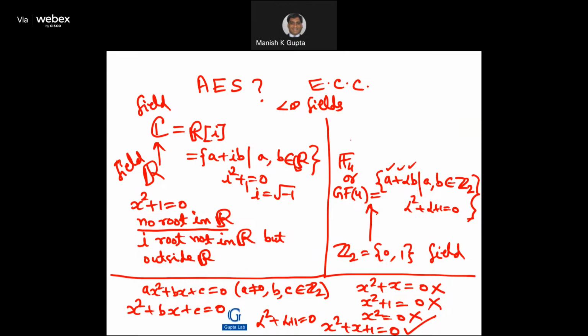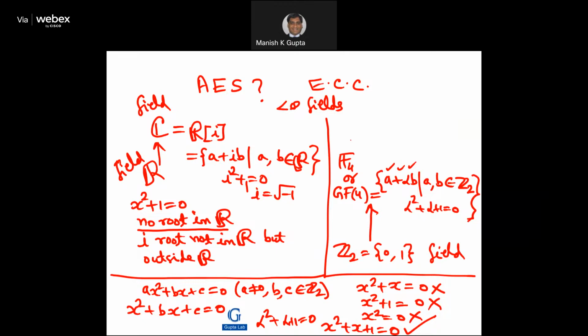Now, if I look at the ground field Z2, which has only two elements, 0 and 1, this is the smallest field that we have. Then I need to consider the equation ax square plus bx plus c is equal to 0, where a is not equal to 0 and a, b, c belong to Z2. How do we solve it?